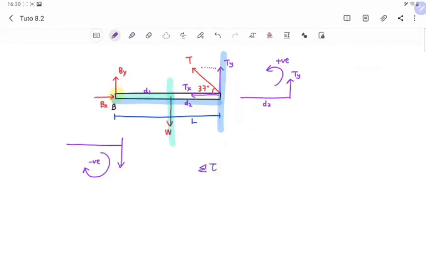Summation of torque is equal to 0. And now we choose point B. So the torque about point B is equal to 0. Okay, so then we have torque due to Ty positive minus the torque due to the weight equals to 0. So Ty times D2 minus W times D1 equals to 0.